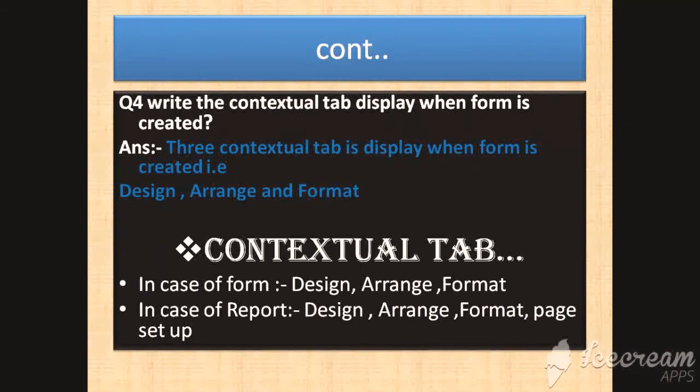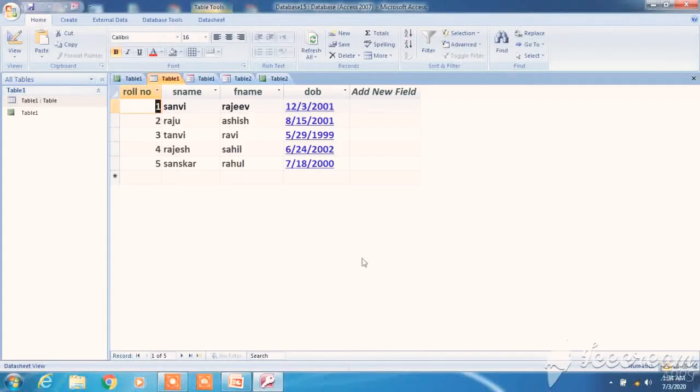Now with the Access software, I will show you how the contextual tabs work, so that all the confusion gets cleared. Please see here, class 8, I was explaining contextual tabs, right? So this is a normal table. Look here below the ribbon.